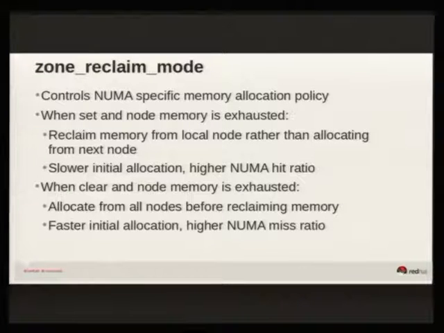If you have a lot of short-running applications, they just run for a while, you fork a process and it runs for a second or two and then terminates, there's little benefit to having it swap and page and reclaim memory on the node. Versus if you have a long-running application like a database server that's going to be up for a long time, it probably makes a lot of sense to pay the penalty at initialization time to get that thing to reclaim memory and fit it on the node versus doing remote memory access.